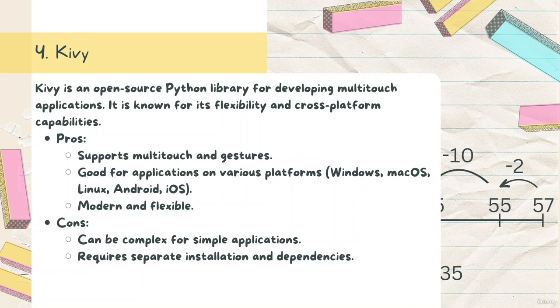The pros are that it supports multi-touch and gestures, good for applications based on various platforms such as Windows, macOS, Linux, Android, iOS, Raspberry, everything. It is also modern and flexible at the same time. The cons of Kivy are that it can be complex for simple applications, and it also requires separate installation and dependencies.